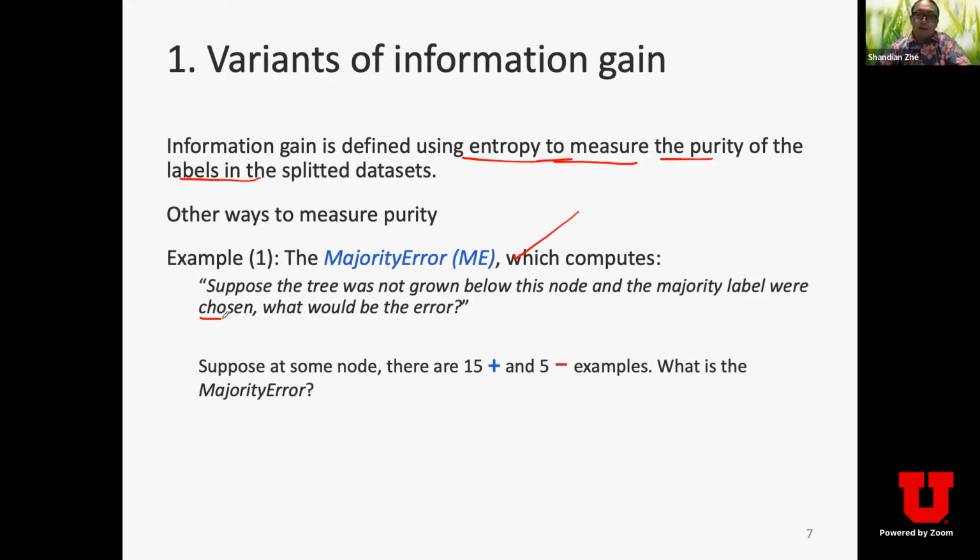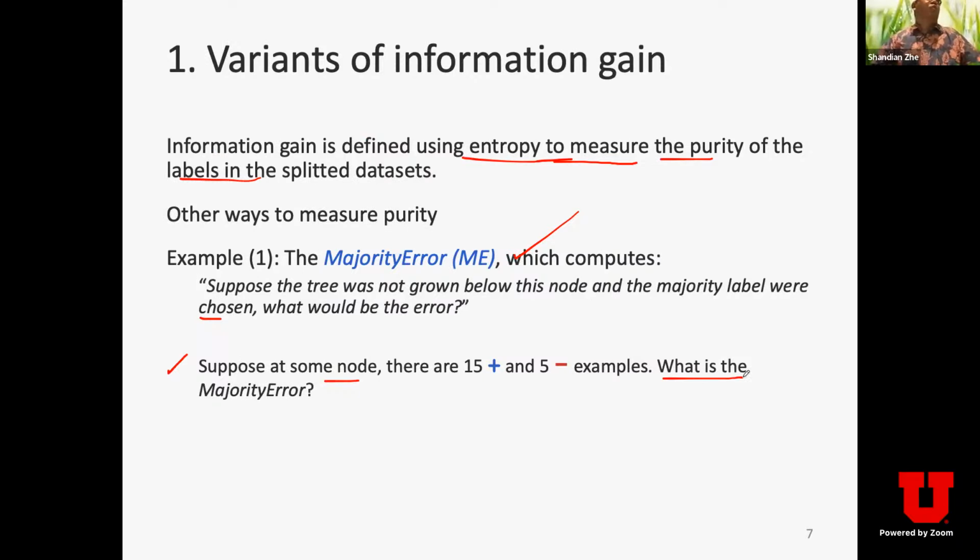So we can look at a concrete example. Suppose at some node, the associated data set has 15 positive and 5 negative examples. Now we're going to use the majority label. What's the majority label? Positive. I'm going to use this majority label as the prediction of all the 20 examples.